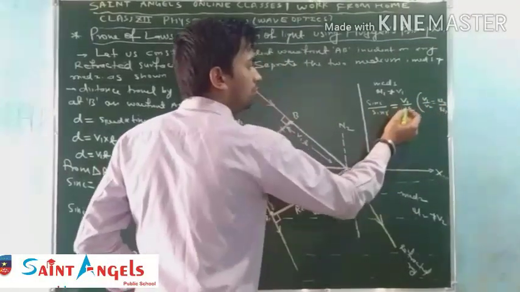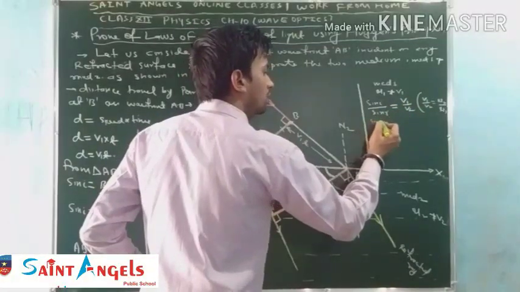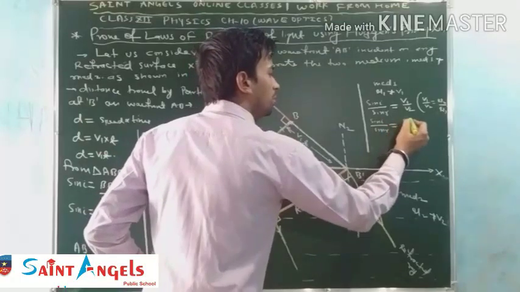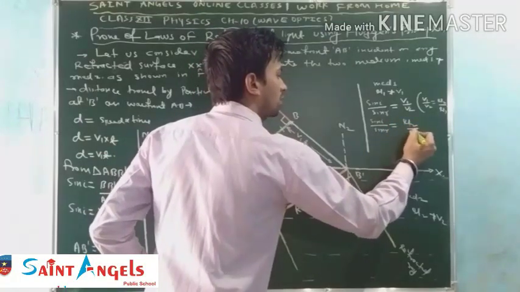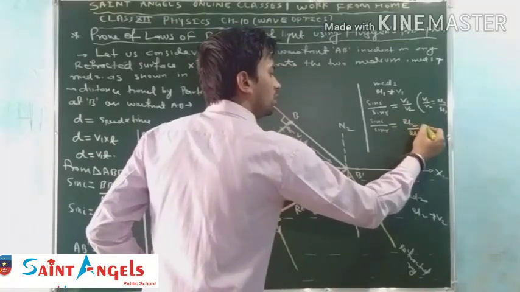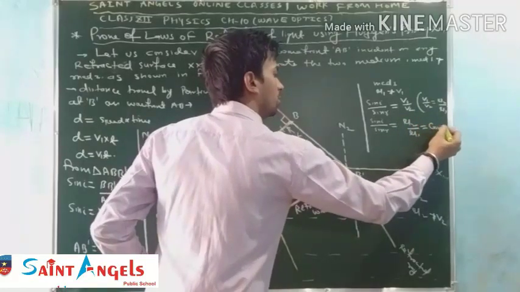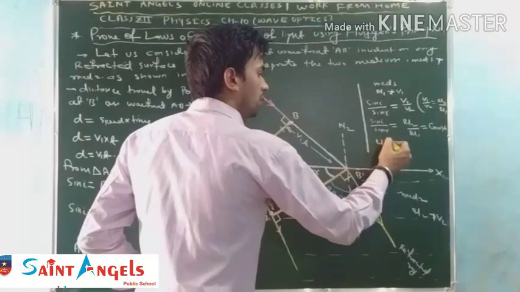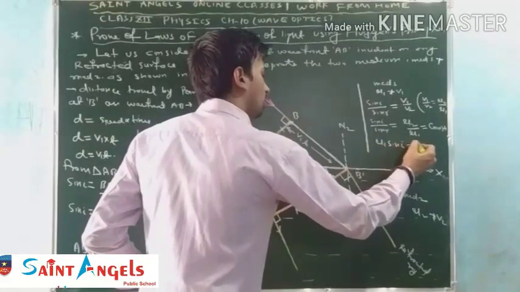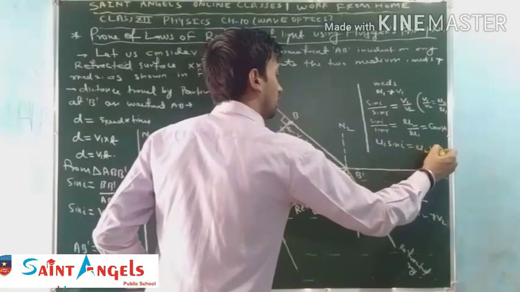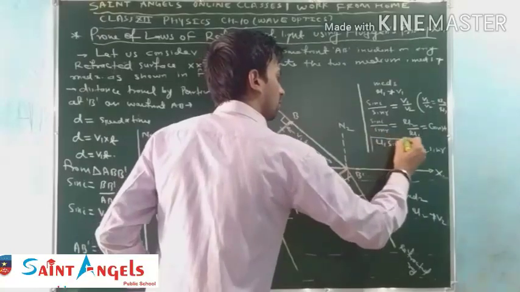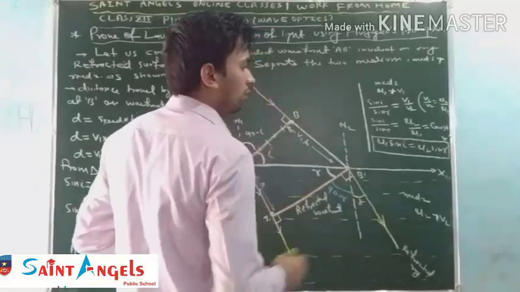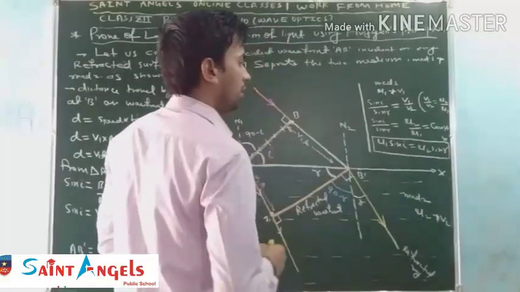So putting the value of v1 upon v2 in this equation, we have sin I upon sin r equal to mu2 upon mu1, which is constant for any pair of media, also known as Snell's law. It means mu1 sin I equals mu2 sin r. This is the proof of Snell's law or the first law of refraction.